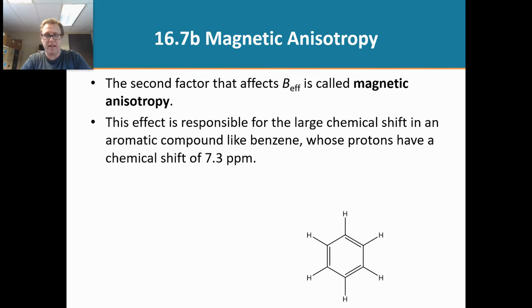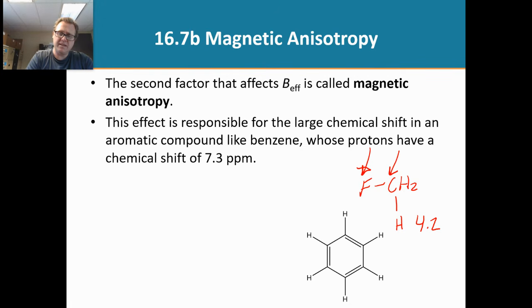Because what's interesting is if we compare the molecule that we've been looking at, the fluorine next to the carbon, we said the chemical shift is around 4.2. That's because that carbon right here is attached to the fluorine, a very electronegative atom.